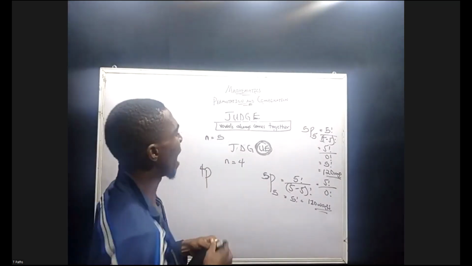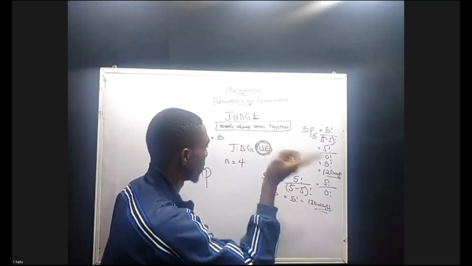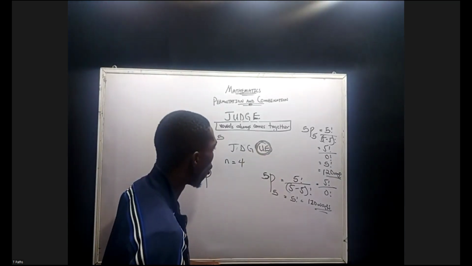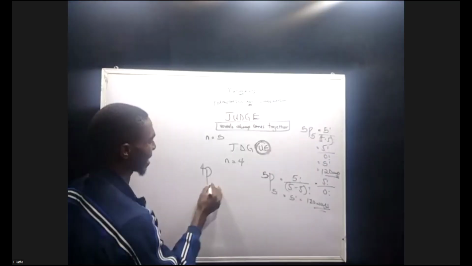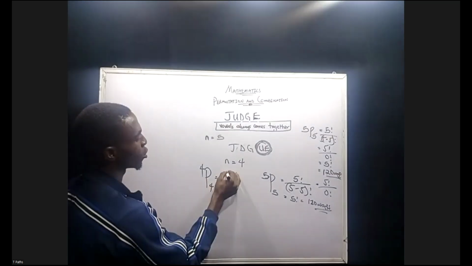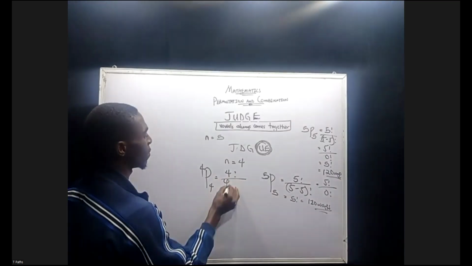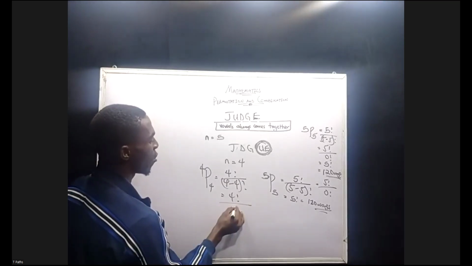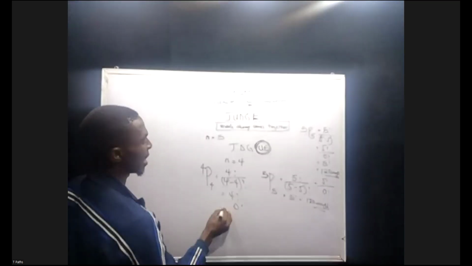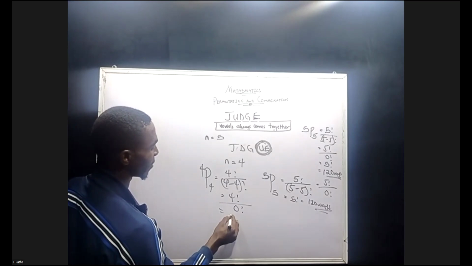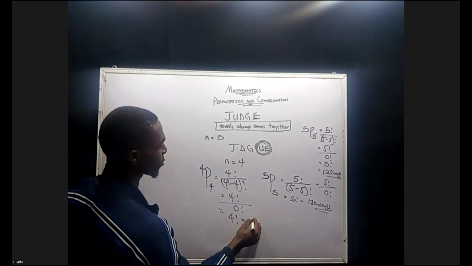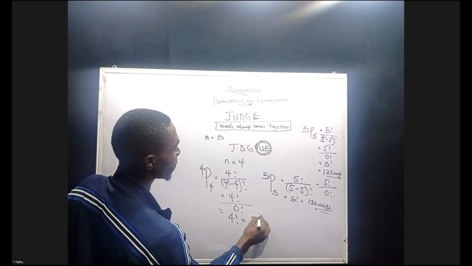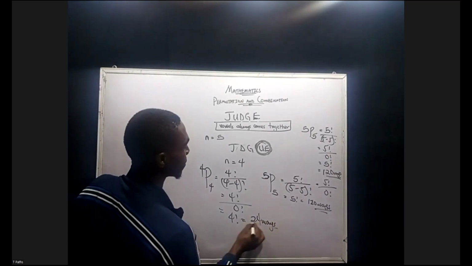Do we have repetition of letters? No. Since there is no repetition of letters, it is 4 permutation 4. So we have 4 factorial over 4 minus 4 factorial. That is 4 factorial over 0 factorial. And 0 factorial is always 1. So 4 factorial equals 24 ways.